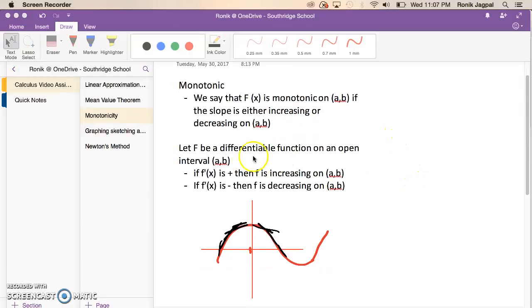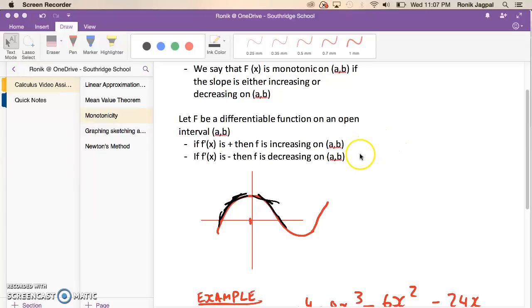So let the function be a differentiable function on an open interval between A and B. If the derivative is positive, then f is increasing on AB. But if the derivative of x is negative, then f is decreasing.